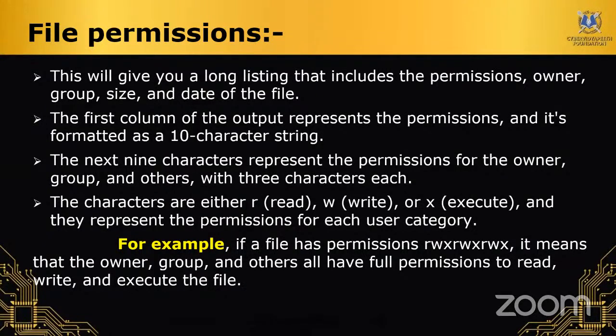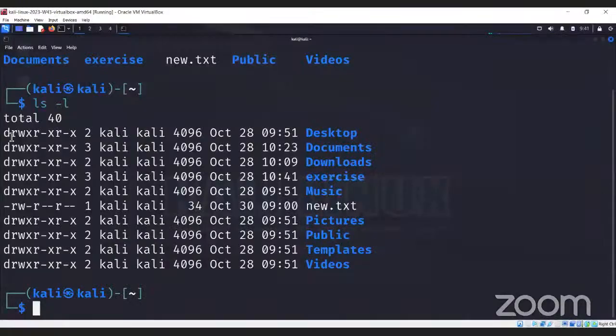These permissions can be presented as a string of characters, such as R, W, X. As we have seen there, R stands for read, W stands for write, and X stands for execute.